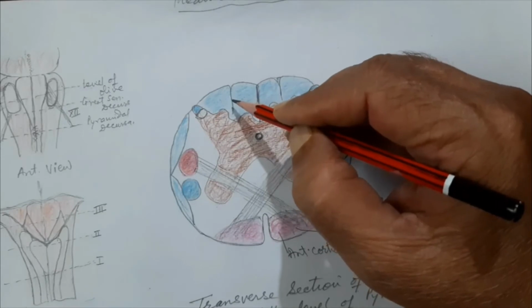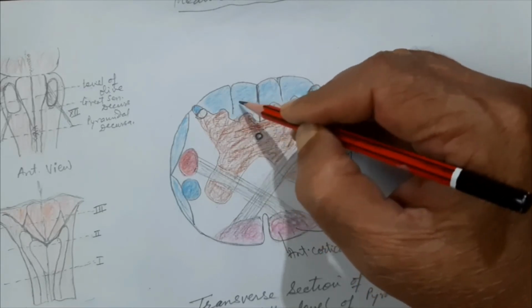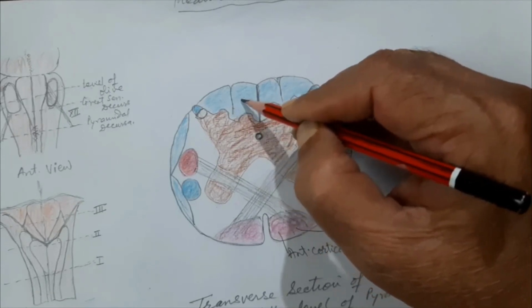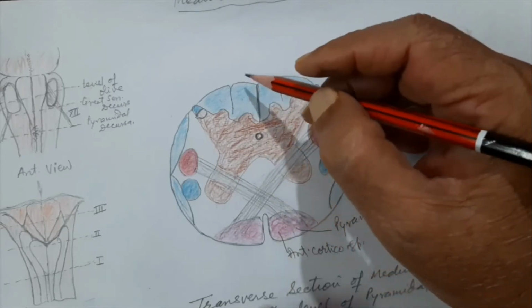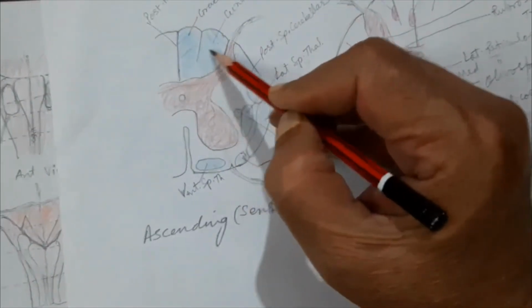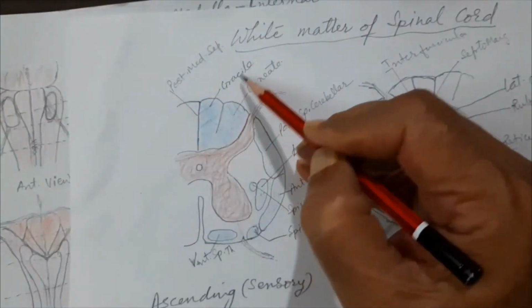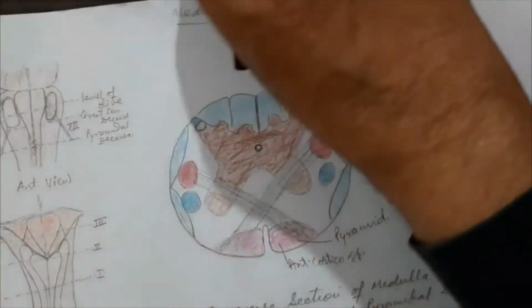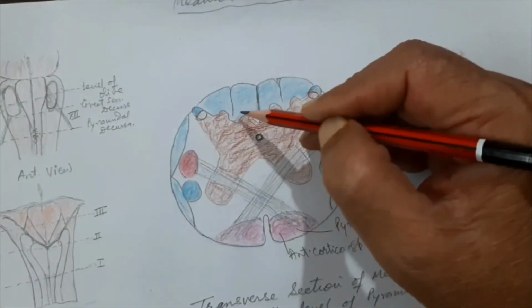They start terminating, and these were bringing the conscious proprioceptive fibers from the gracile and cuneate tracts.